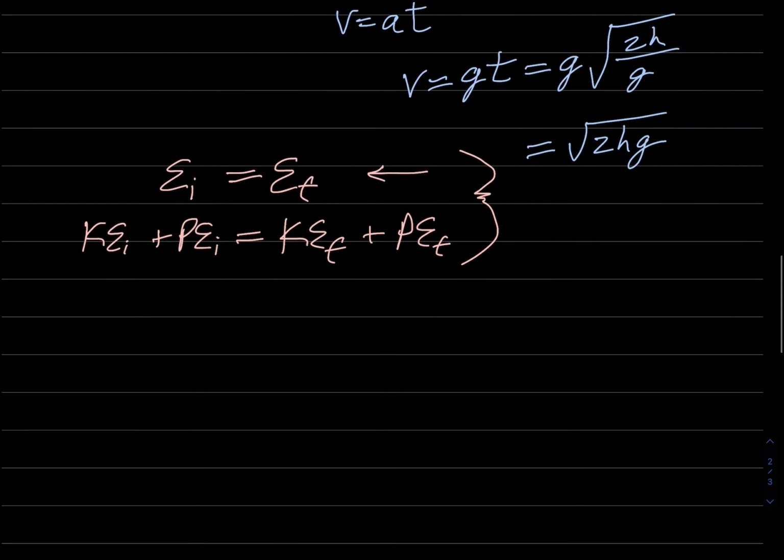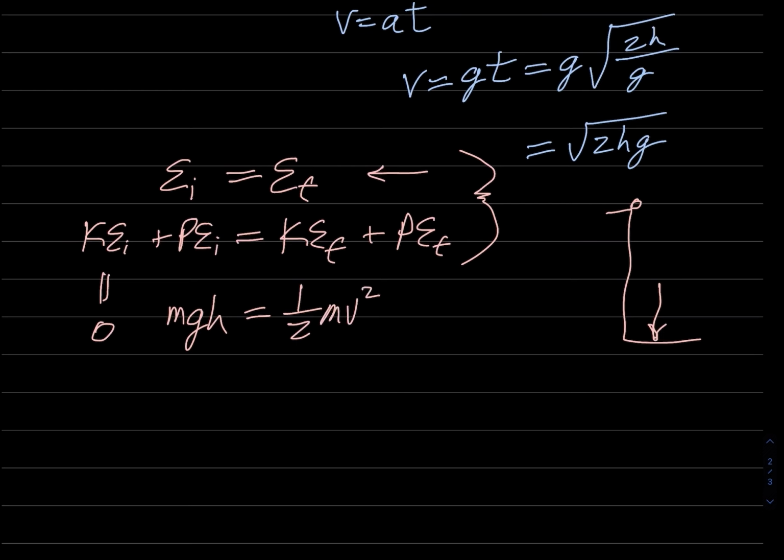So what do we have? The initial kinetic energy with the mass sitting on the top of the cliff is 0. The potential energy is mgh. The kinetic energy when it hits the ground is what? 1/2 mv squared. And the potential energy when it hits the ground is down to 0.